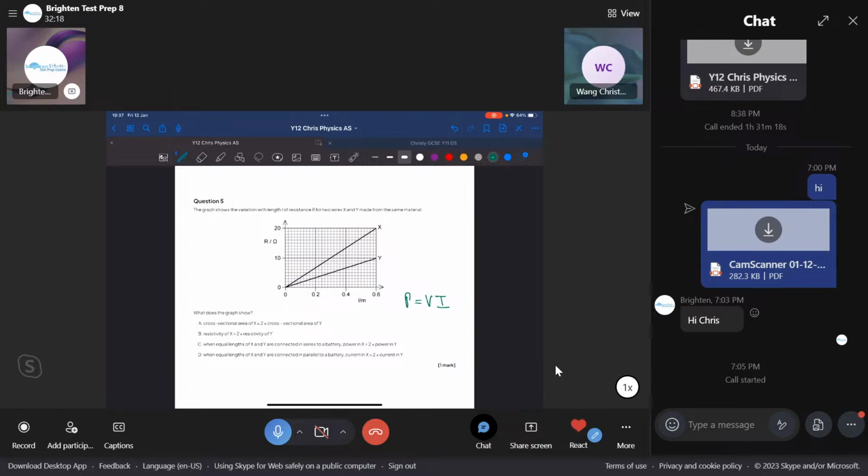When we look into our situation, for X, if I set Y as the normal R, then V equals IR, so the current has no change.